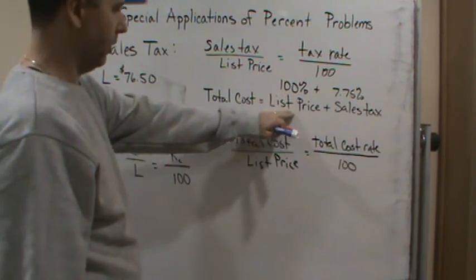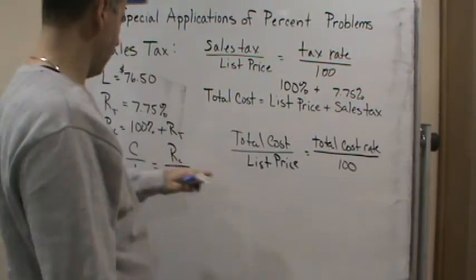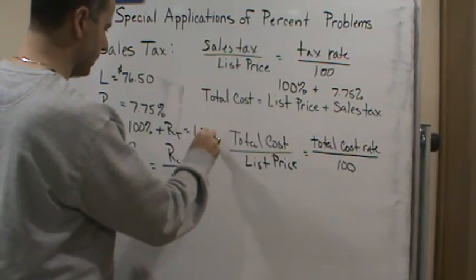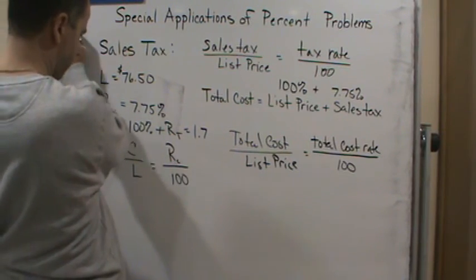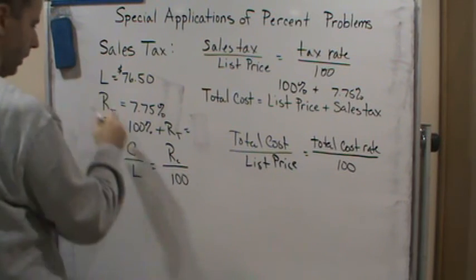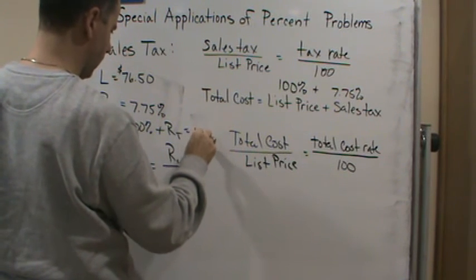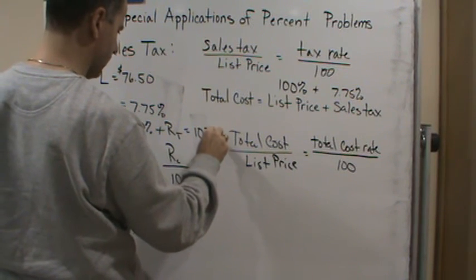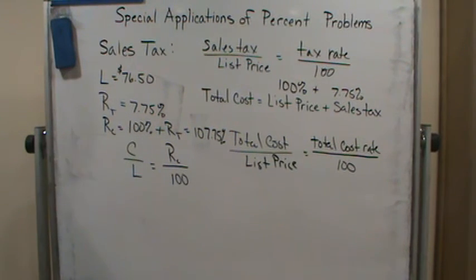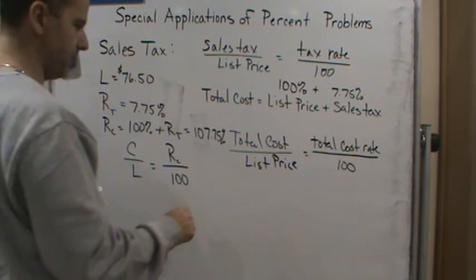So you get 100% plus this. So your total, in this case, is going to be 107.75%.